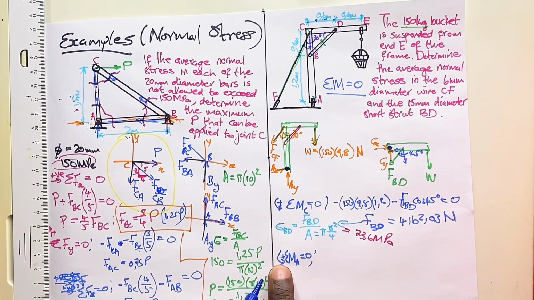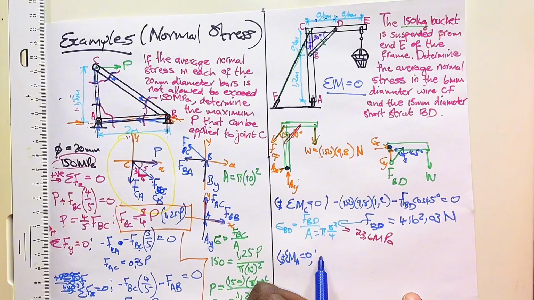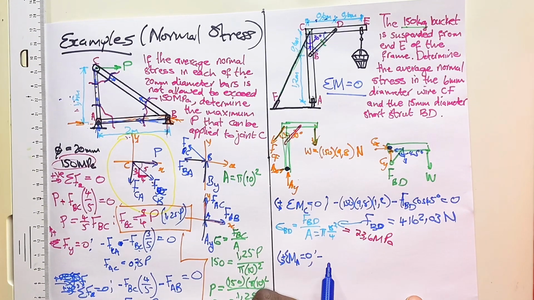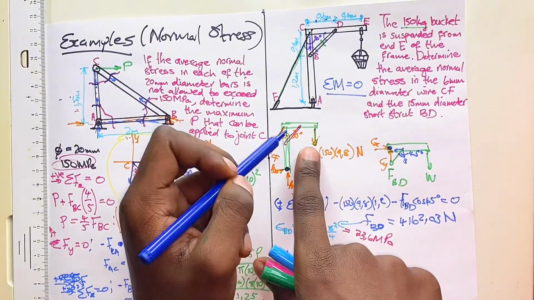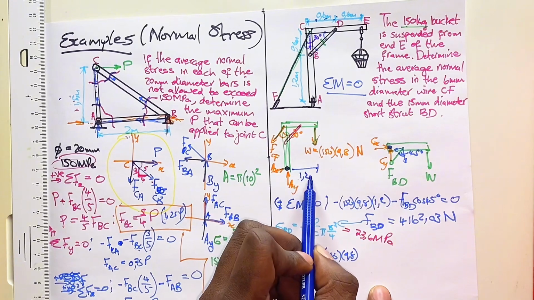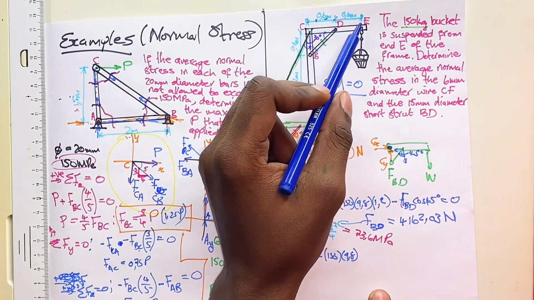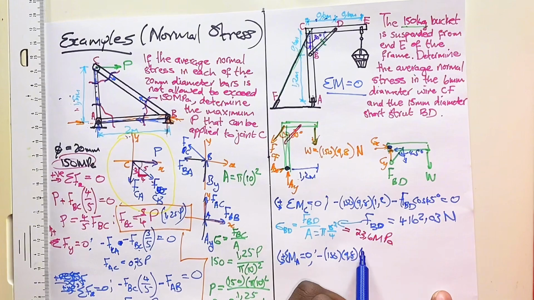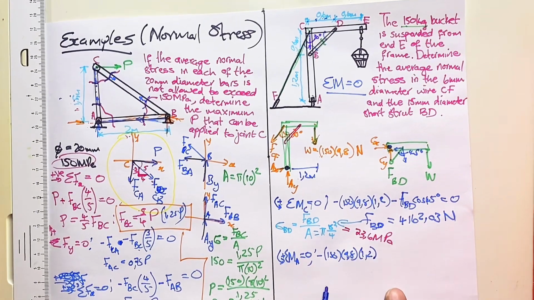Now if anti-clockwise is positive, then the moment from the bucket will be negative, and we'll have again 150 times 9.8. It is acting at 1.2 meters, 0.6 plus 0.6, so it is acting at 1.2 meters.